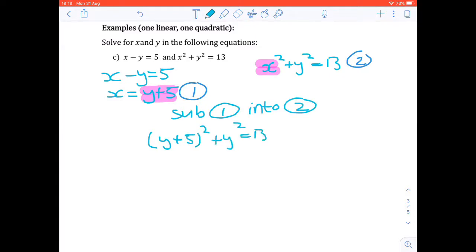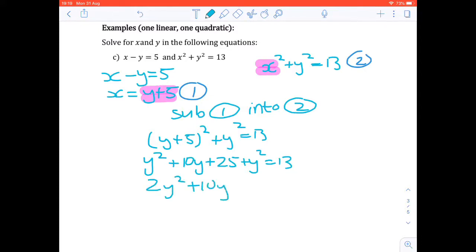And let's solve for y. So y squared plus 10y plus 25 plus y squared equals 13. 2y squared plus 10y plus 25 minus 13 equals 0. Because of the square, it's a quadratic. So we're going to have two answers here.